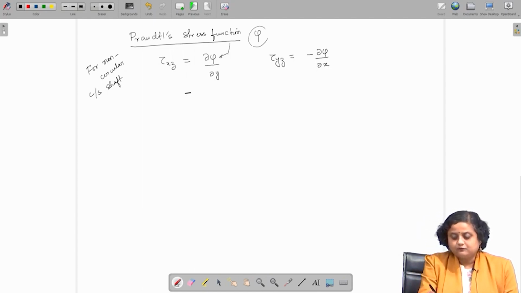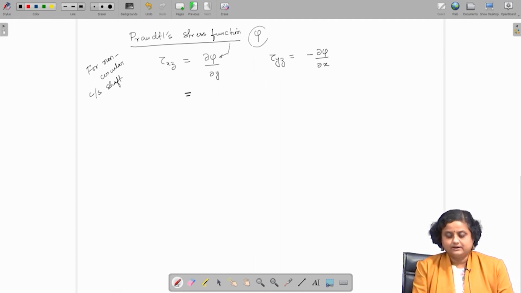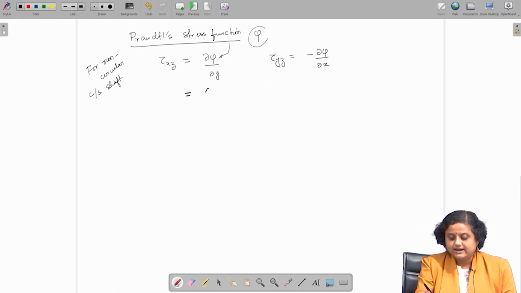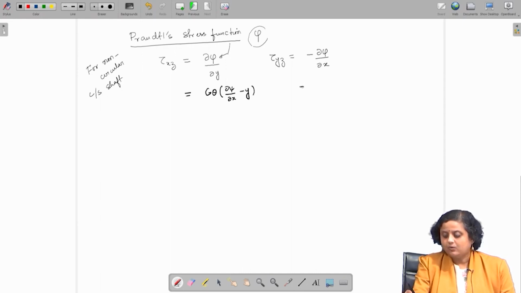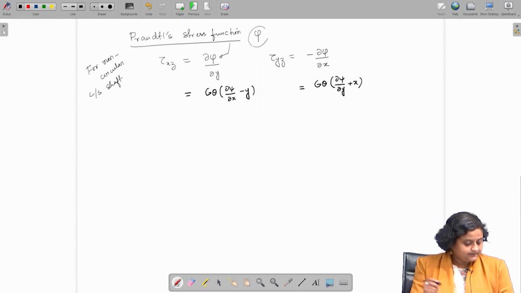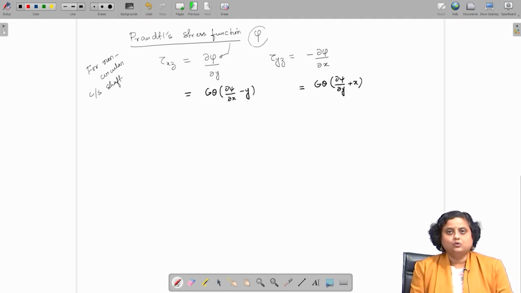Now, we know from the Saint-Venant theory that tau x z can also be written as G theta into del psi by del x minus y, and tau yz can be written as G theta into del psi by del y plus x. This is already known to us.